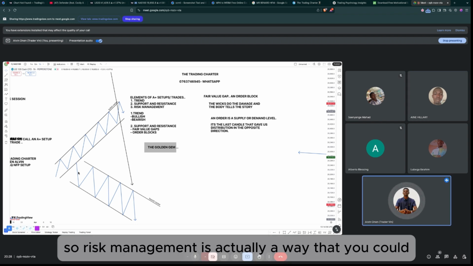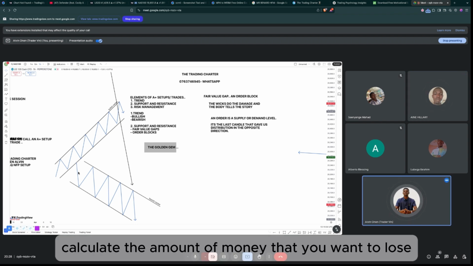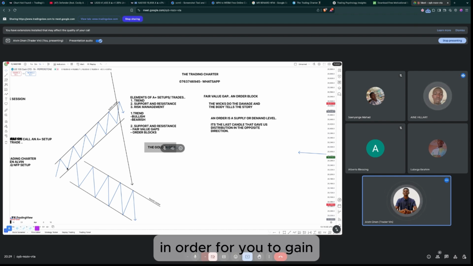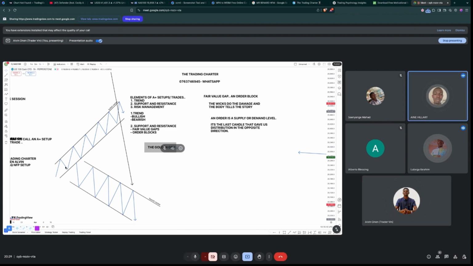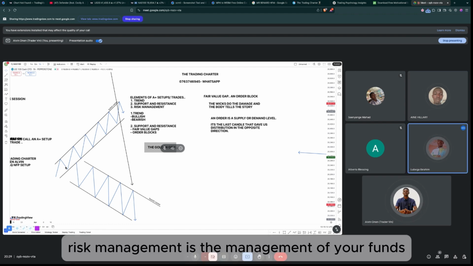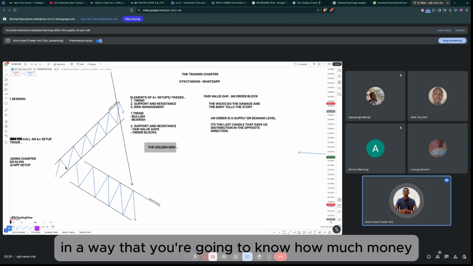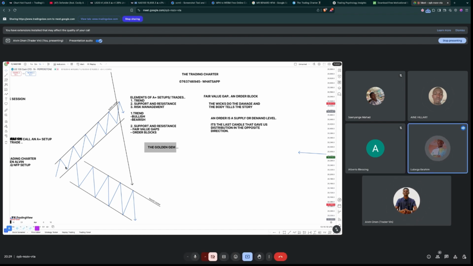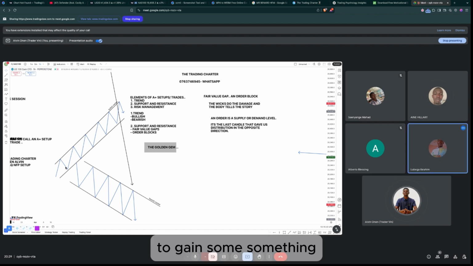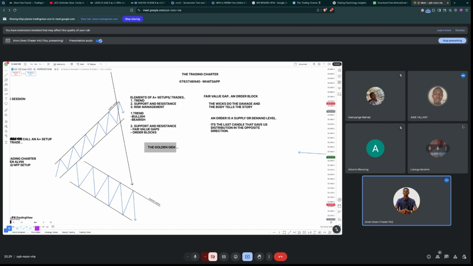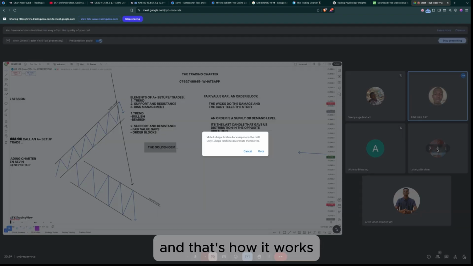Risk management is a way that you could calculate the amount of money that you want to lose in order for you to gain. It is the management of your funds in a way that you're going to know how much money you're going to risk to gain something. And that's how it works.